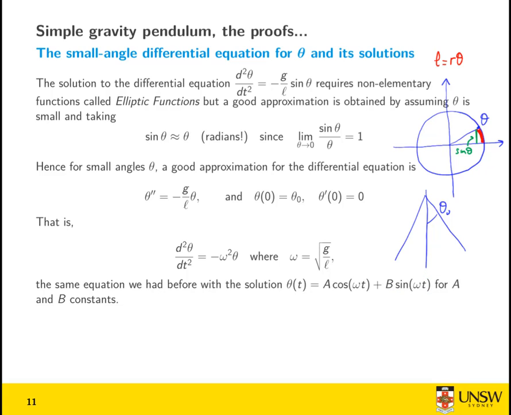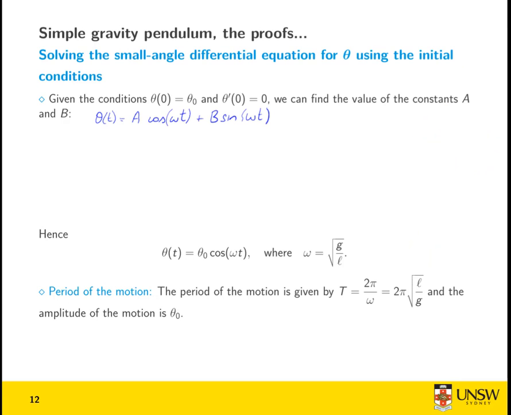And then, depending on your initial conditions, you can find the values of a and b. So we have proved that theta has to be of the form a constant times cosine omega t plus a constant times sine omega t. And now we use the initial condition to determine what the constants are. We know that when t is equal to 0, theta is equal to theta 0.